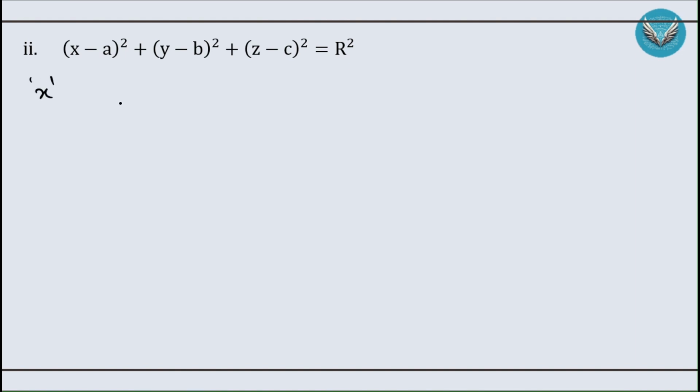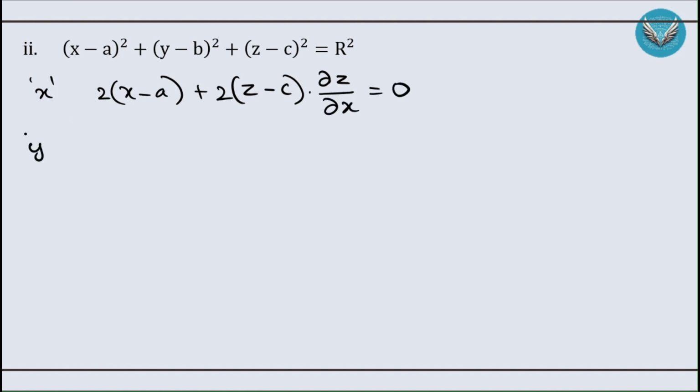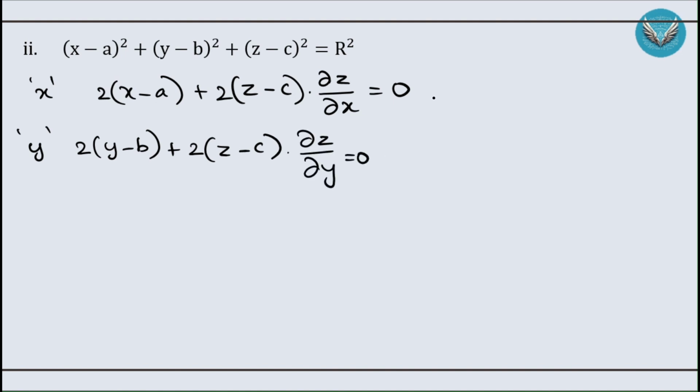Now let us differentiate partially with respect to x on both sides. This becomes 2 into (x minus a) plus 2 into (z minus c) into dou z by dou x is equal to 0. Similarly, with respect to y, 2 into (y minus b) plus 2 into (z minus c) into dou z by dou y is equal to 0.